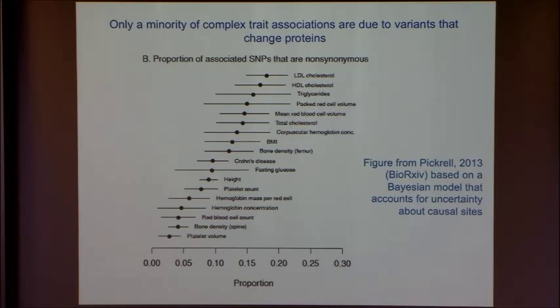So for all of the traits that he looked at, the vast majority of the associated SNPs are non-coding, and so in general we don't really understand the mechanisms of these, but the natural inference is that they're affecting gene regulation in one way or another.